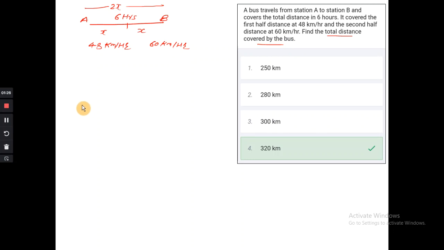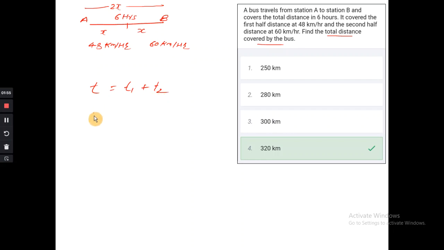Now distance is equal to speed into time, or we can say the total time t is equal to t1 plus t2. That is, half distance covered at 48 speed and the other half at 60. So time t is equal to t1 plus t2.